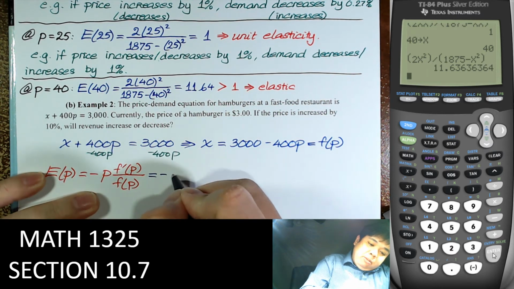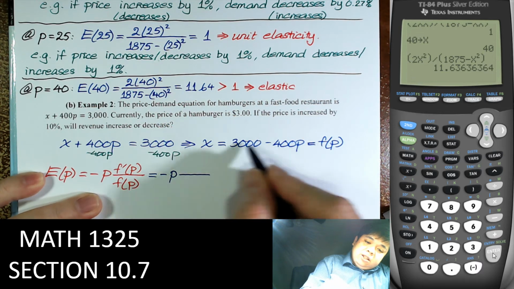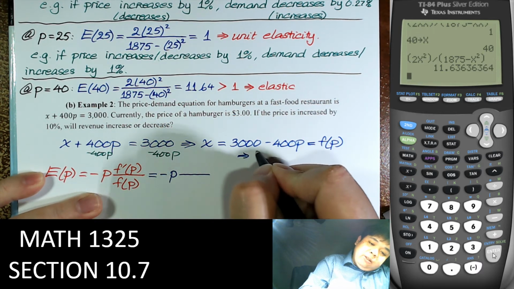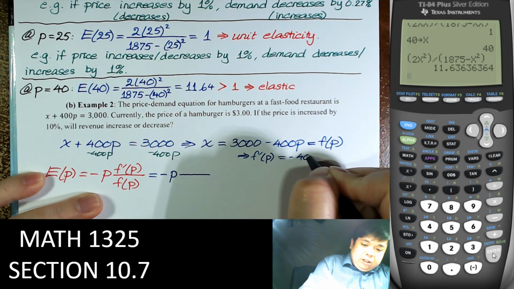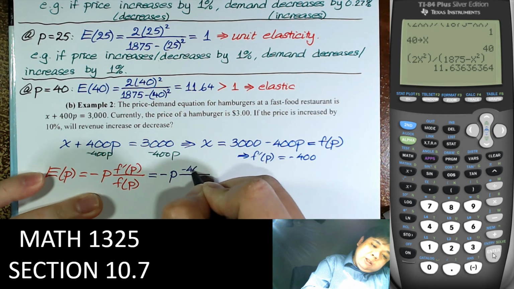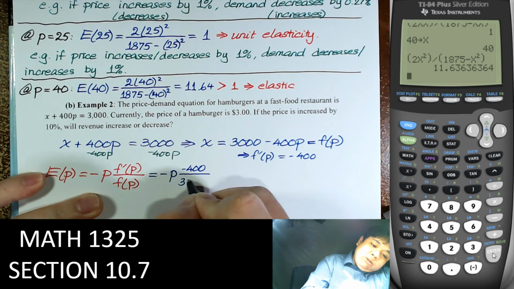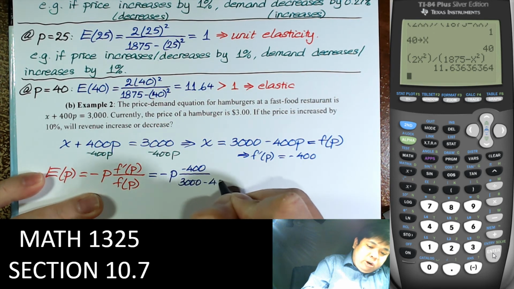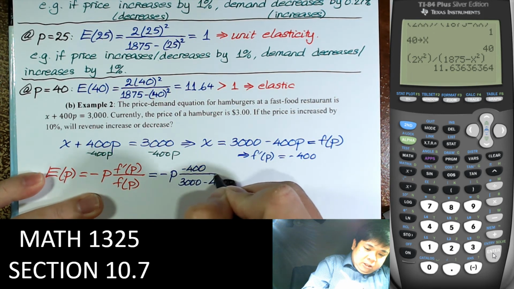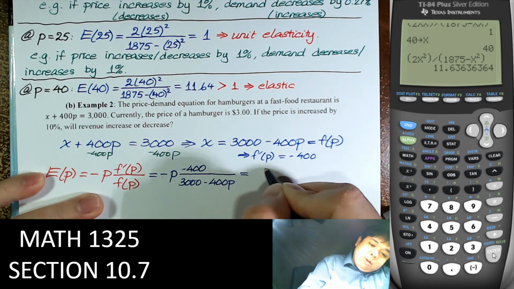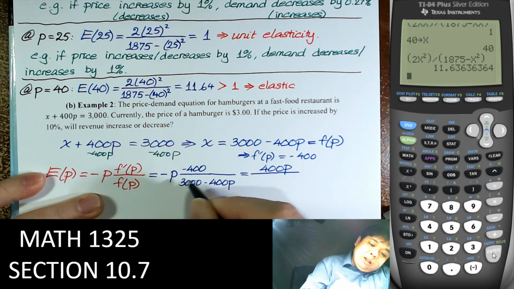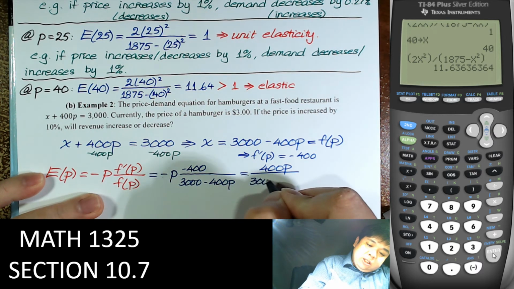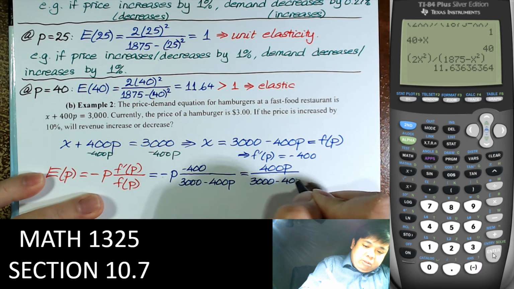So negative p, by the way, if this is the function, the derivative is negative 400, over 3000 minus 400p. So multiply that by 400p over 3000 minus 400p.